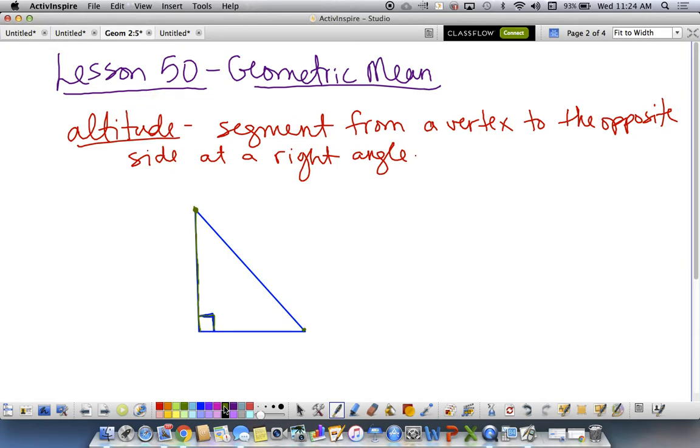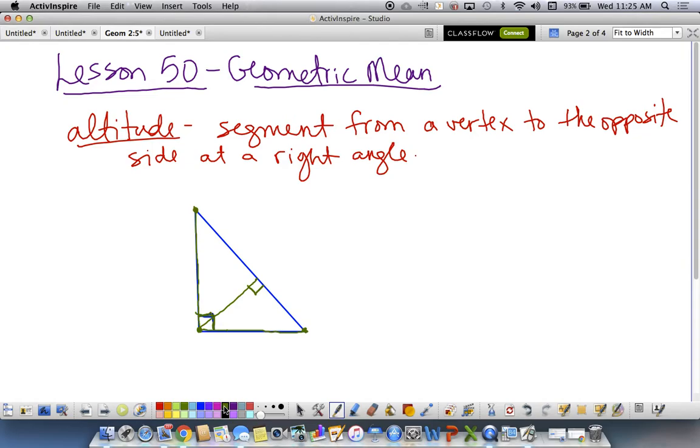What if I drew it from this vertex? It's going to be straight horizontally at a right angle. But this theorem specifically said from the right angle, so they want to know specifically about this vertex at the right angle, to the opposite side, which they call the hypotenuse, at a right angle. Okay, so that's the line that they're specifically talking about.